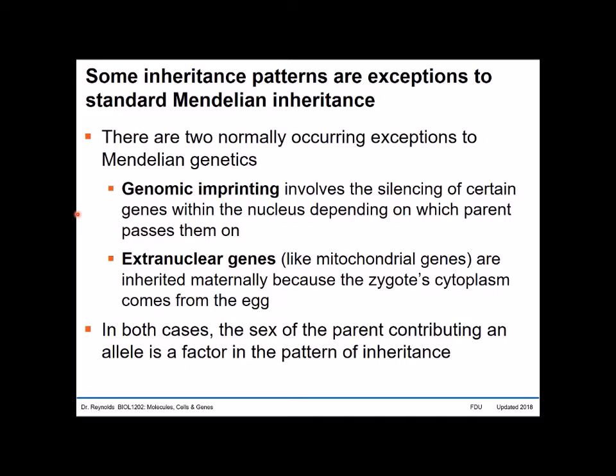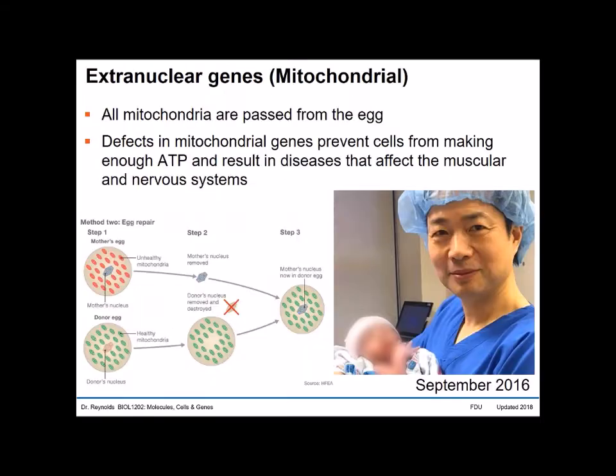You'll talk more about these in genetics, and you can read about them in your textbook, and they're really cool examples. But I actually want to focus on these extranuclear genes, specifically the mitochondrial genes for our example here. Mitochondrial genes are interesting because when you have a fertilized egg, that egg provides all of the cytoplasm for that new zygote.